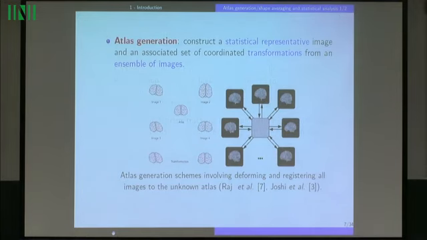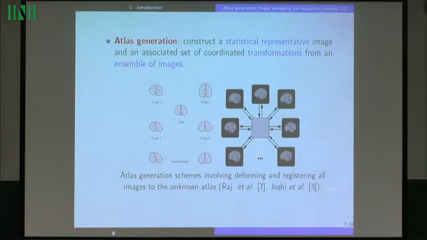And finally, the last task we are going to look at in this presentation is atlas generation, or shape averaging. It aims at constructing a meaningful statistical representative image and an associated set of coordinated transformations from an ensemble of images. We have two schemes here trying to represent this idea.